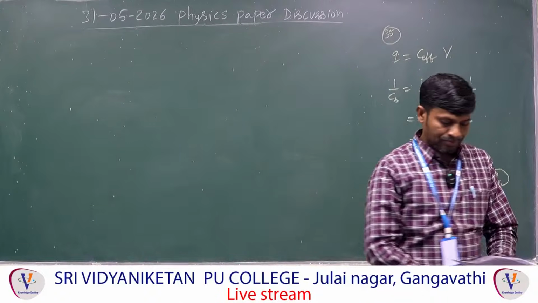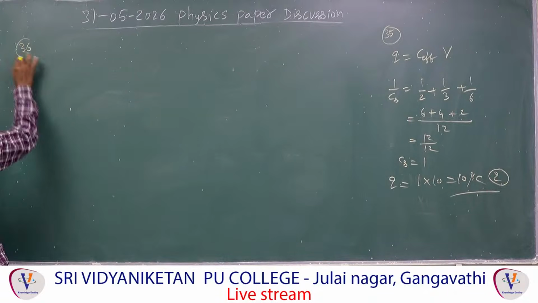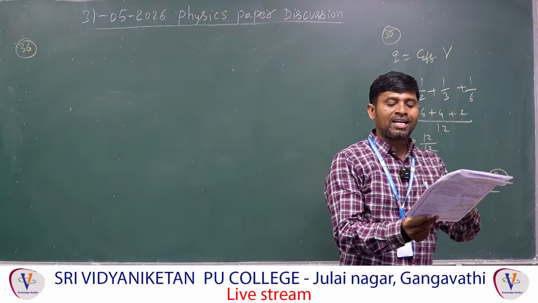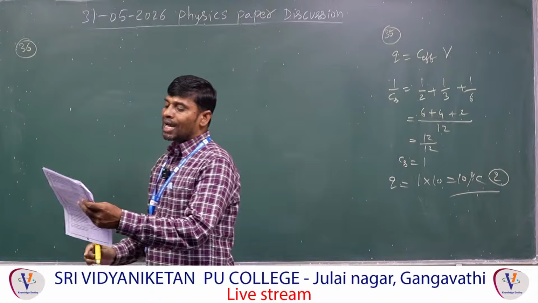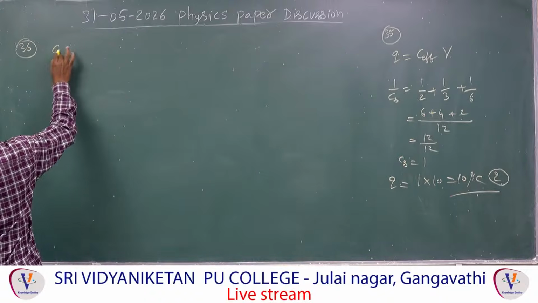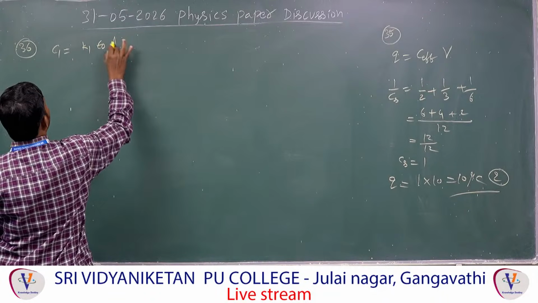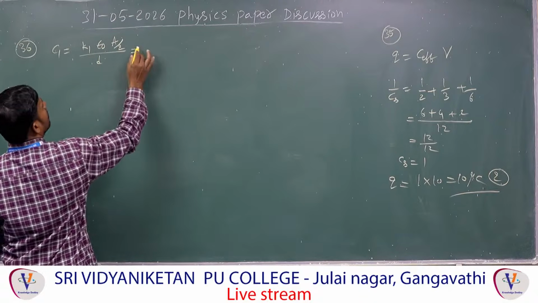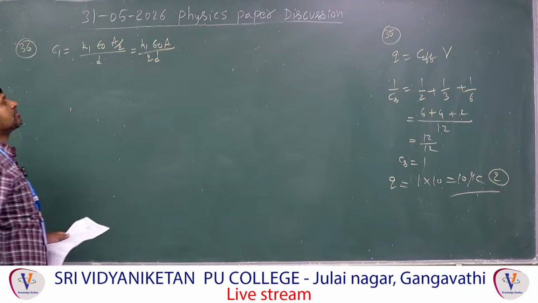Now 36. In 36, a parallel plate capacitor with two dielectrics as shown. What is the effective dielectric constant? Now there are two capacitors. The first one has K1 epsilon naught, area A by 2, distance D. Like K1 epsilon naught A by 2D.